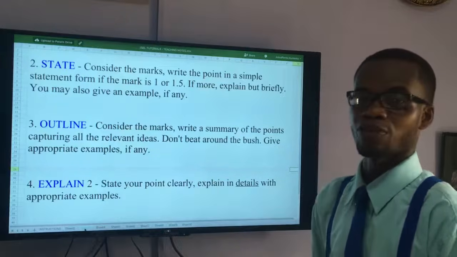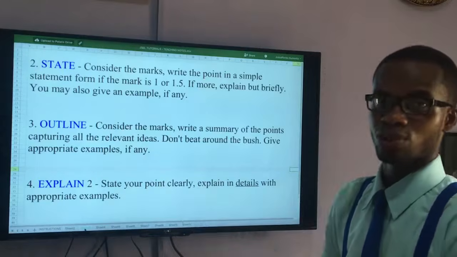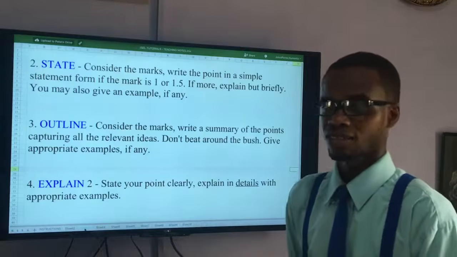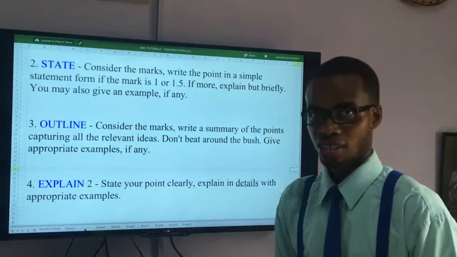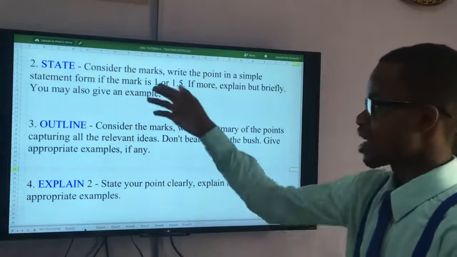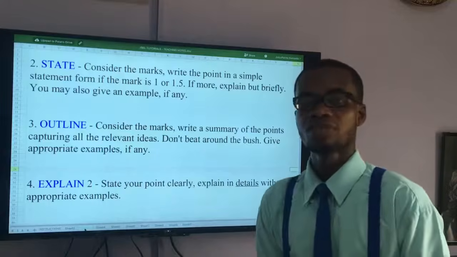You put your full stop over there. You can get 2 marks or 3 marks for that. You have explained briefly. If there is an example, that's why I've put if any.